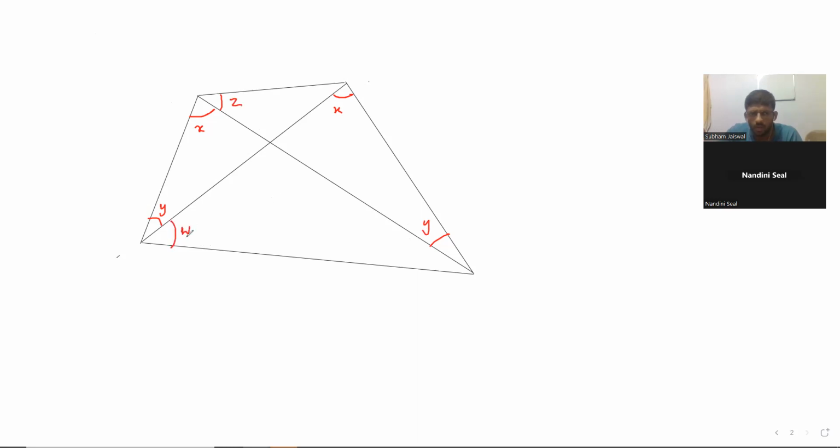But if this is z and this is w, this is t and this is u, we want to show that t equals u and z equals w. Can we do that?